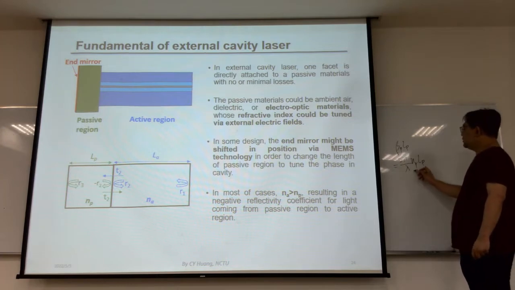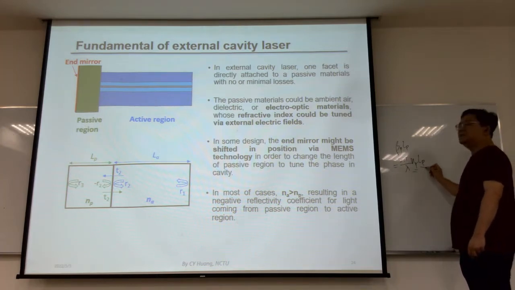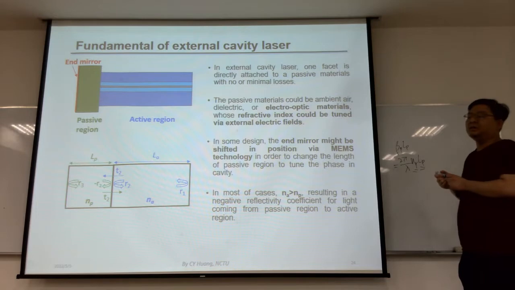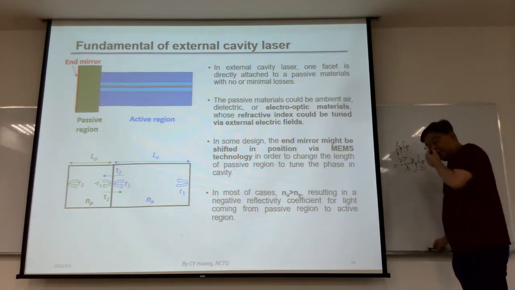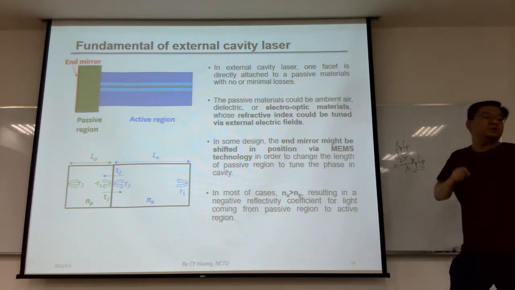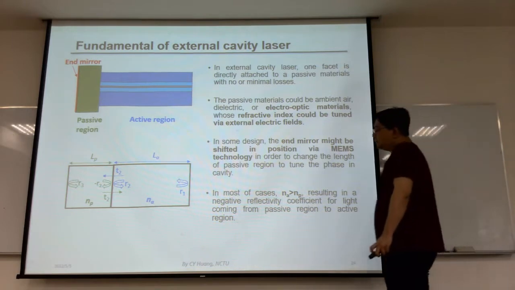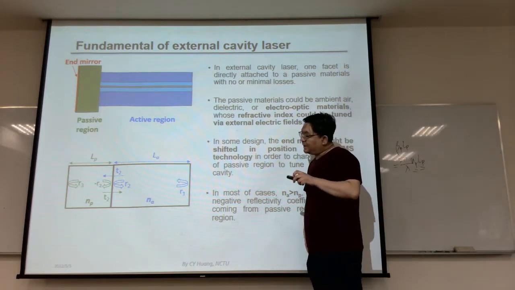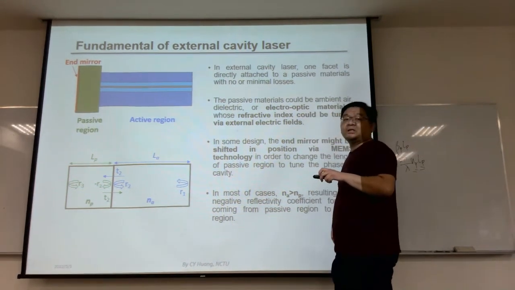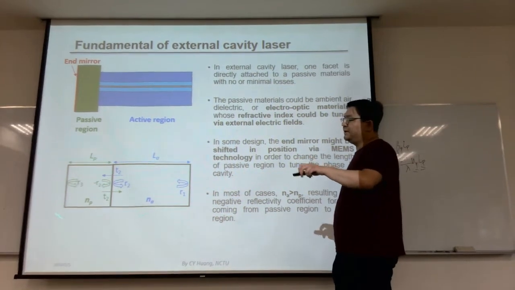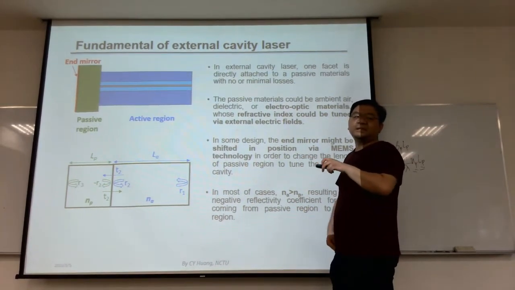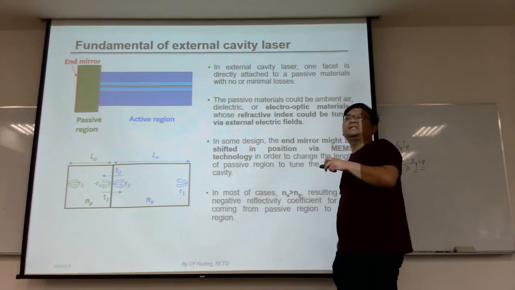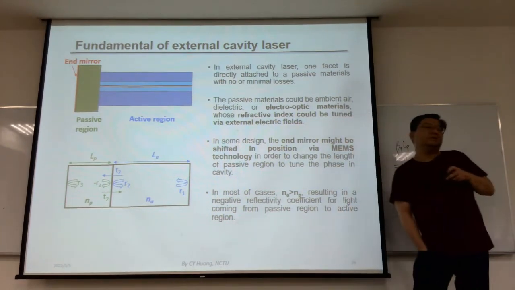So it either changes N_p or changes L_p. So it will become a parameter that you can change. It's not fixed. So in this case, it will be interesting for us to simplify this structure with a scattering matrix, so we can describe or predict its property more easily.